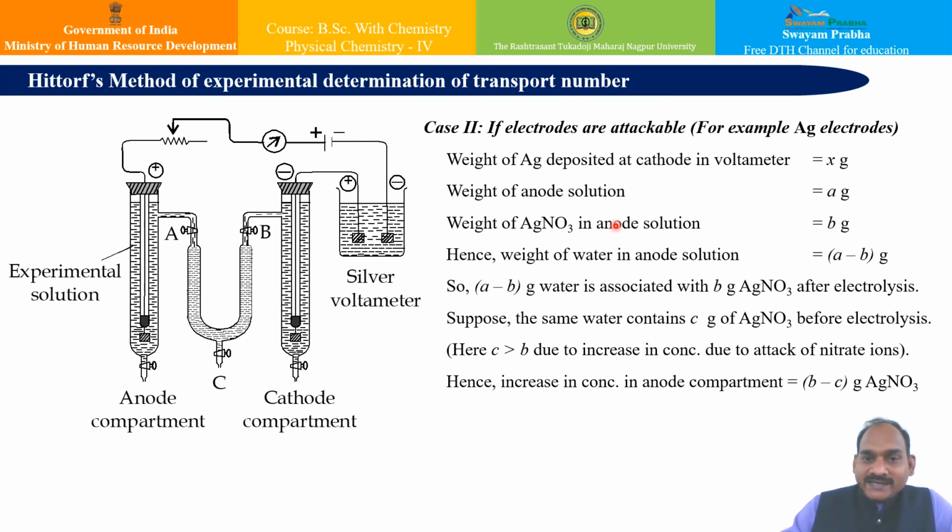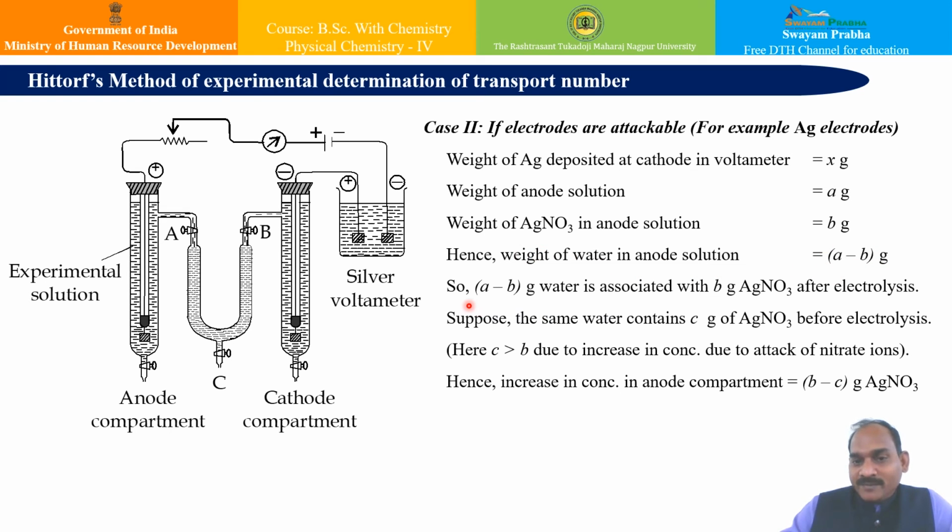So the second case is if the electrodes are attackable and are silver electrodes. If we call it a silver voltameter, my weight of silver deposited at the cathode is, suppose, x grams. Weight of anode solution is a grams. Weight of silver nitrate in the anode solution is b grams. So the weight of water we can calculate is a minus b grams.